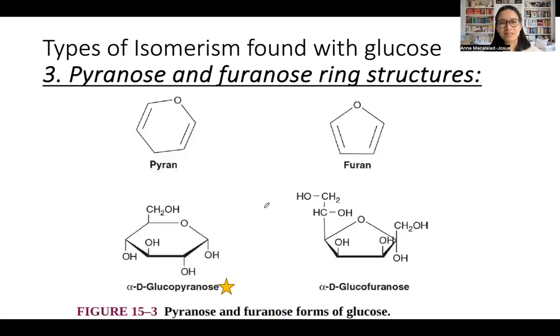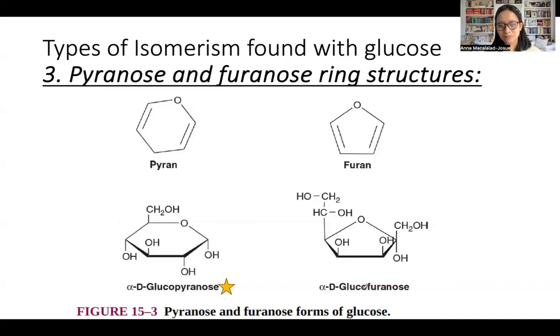The next type of isomerism found with glucose is the pyranose and furanose ring structure. What do we mean by this? When it's pyran, the structure is like this: the ring is composed of 5 carbon atoms, 1, 2, 3, 4, 5. While in the furan, the ring is composed of 4 carbon atoms, 1, 2, 3, 4. The most common form of glucose is D-glucopyranose.